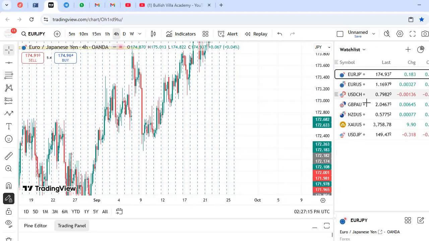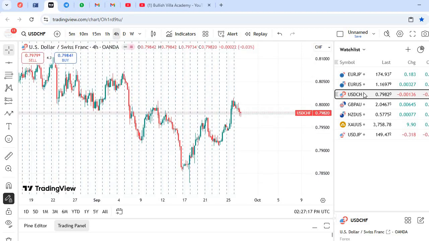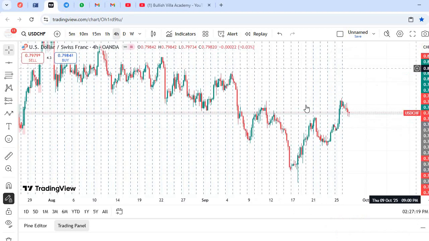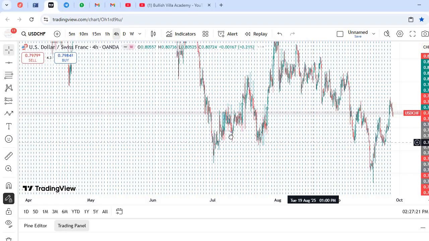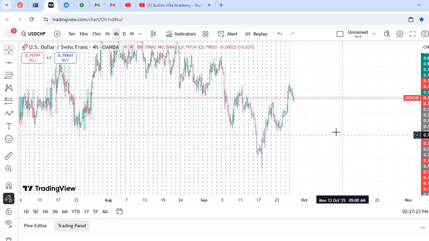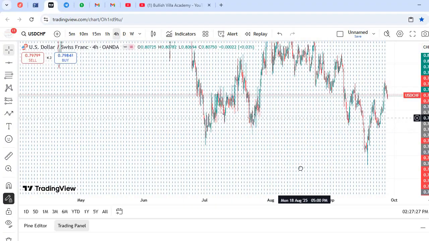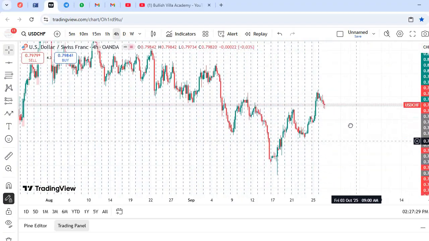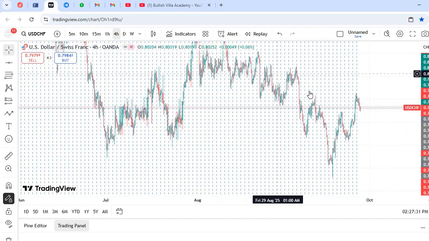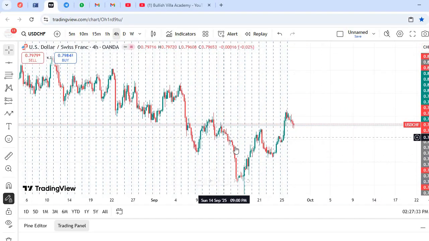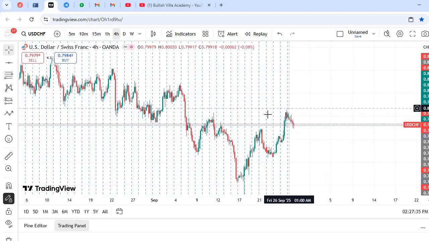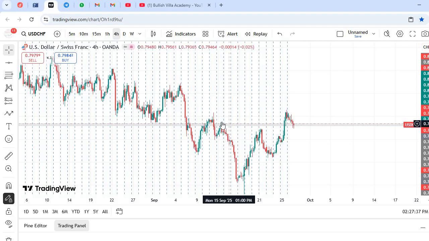Okay, let's look at CHF. Here CHF is not looking clear too. This is on a forward time frame. We were having a downtrend, and you can see we're having an uptrend already. This last high has been broken.